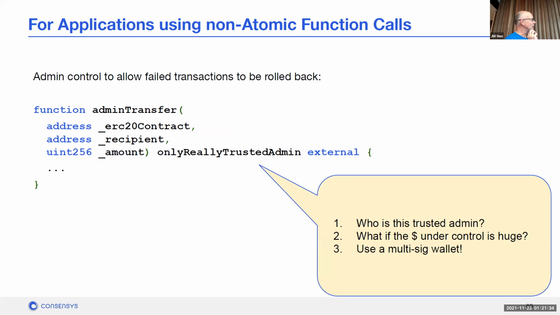If you're using a non-atomic protocol, you have to have one of these functions. And I find these functions frightening, because if you've got an ERC20 bridge and the transaction on the destination could fail. Say I'm transferring $1,000: I transfer $1,000 on source, it gets escrowed into the bridge contract, so the bridge contract now owns my money.